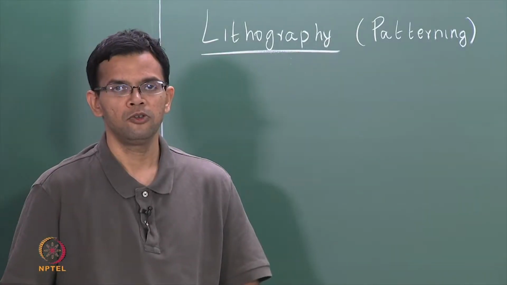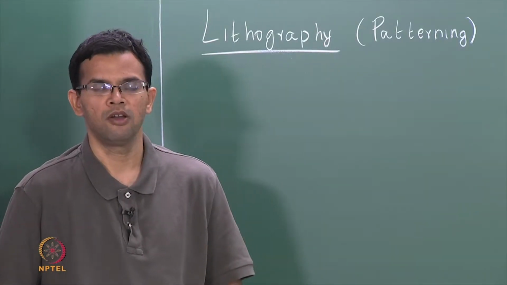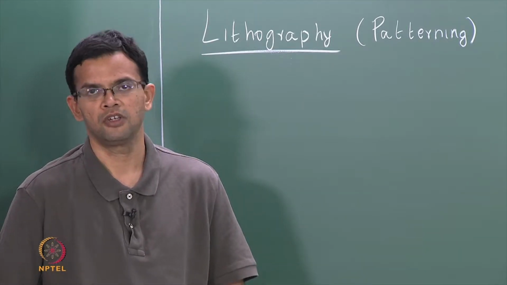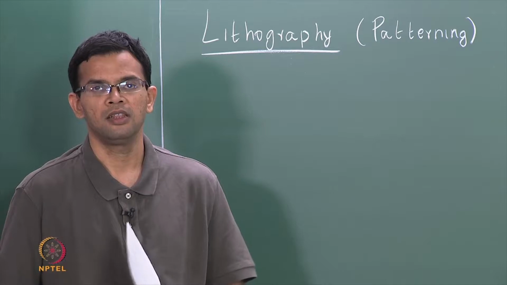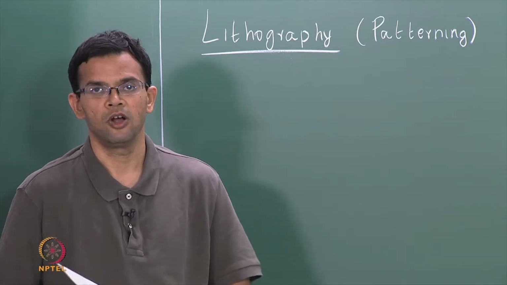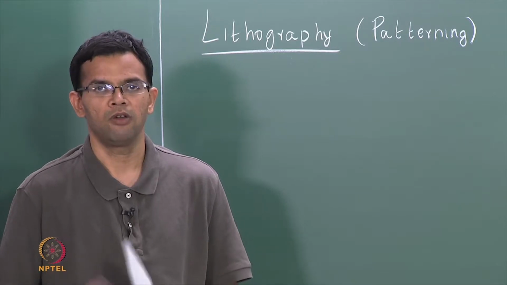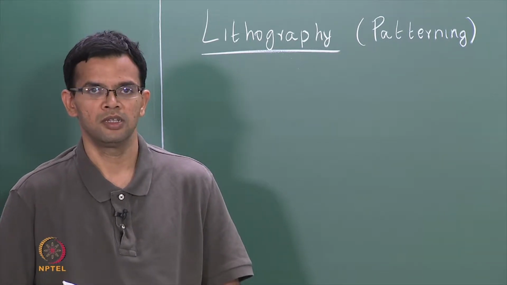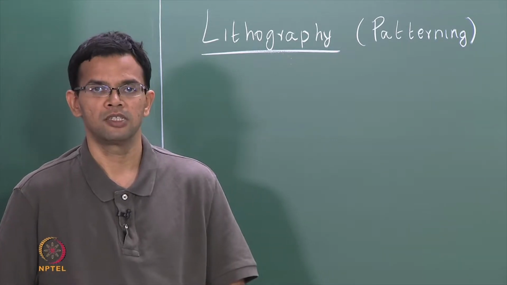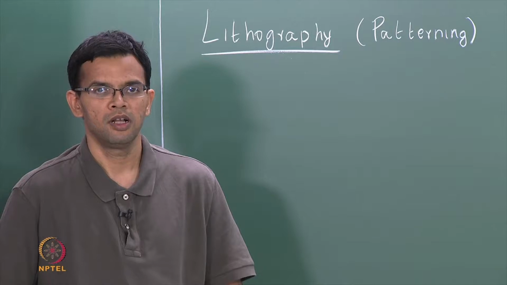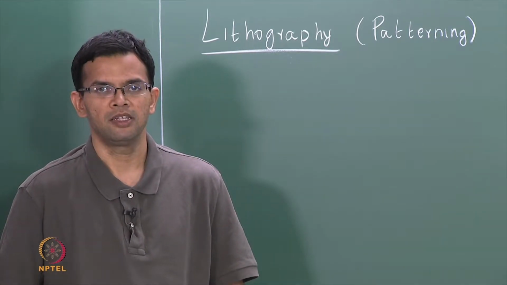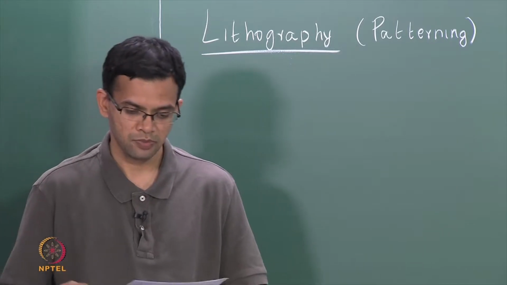The ability to pattern smaller and smaller regions is what drives the miniaturization of circuits. When we started in the 1960s, typical circuits were a few micrometers long. So pattern sizes were of the order of micrometers, but these days pattern sizes are of the order of nanometers. This is possible because we now have newer technologies and newer methods to pattern smaller and smaller regions.